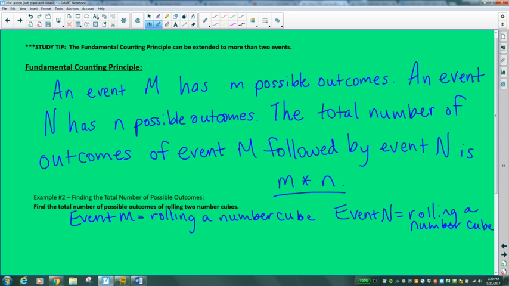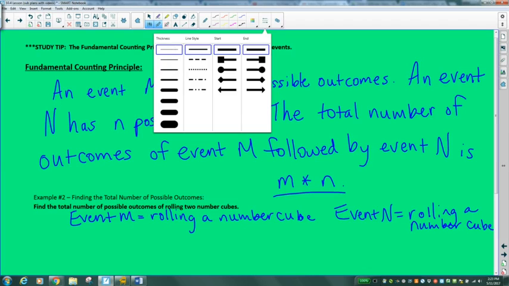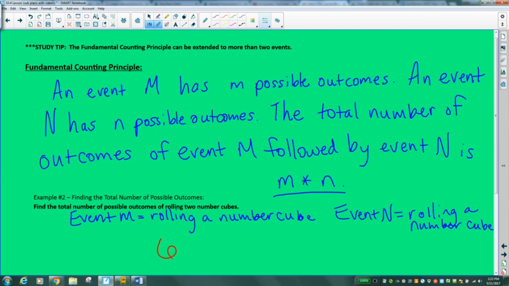So if I'm going to use the fundamental counting principle, I have to think of those 2 events. How many possibilities are there when rolling a number cube? Well, we know that there are 6 possibilities. I'm going to multiply it by the number of possibilities for the second event. Event N is rolling a number cube. How many possibilities are there for event N? Which is 6 again. There's 6 numbers.